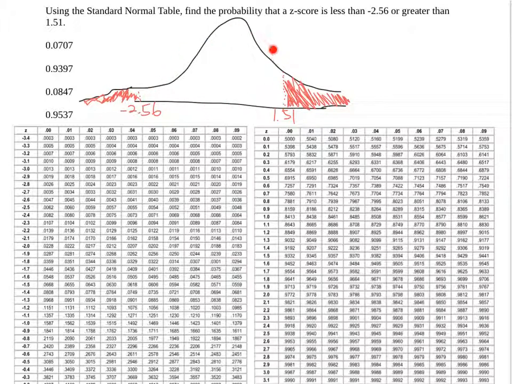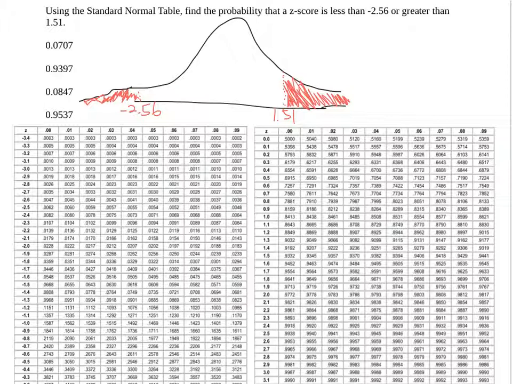We're missing this huge lump in the middle here, right? So right away, I could go look at the answers and say, well, it's not going to be this one, and it's not going to be this one. Those numbers are too big. We're looking at too small an area. It's going to be either 0.847 or 0.0707.